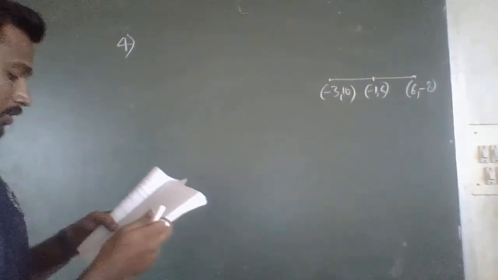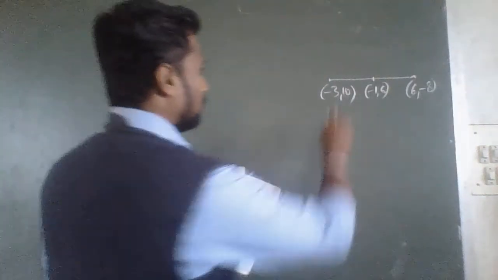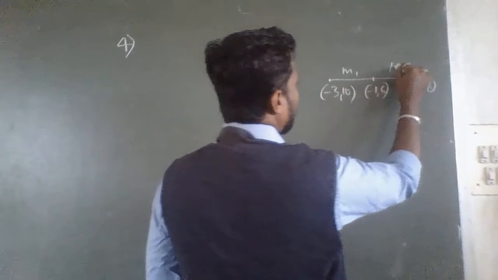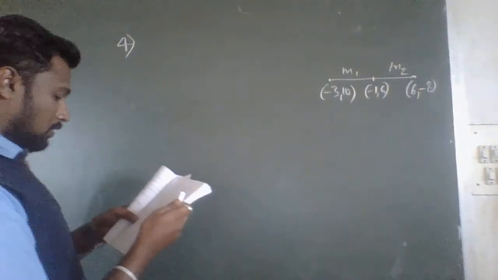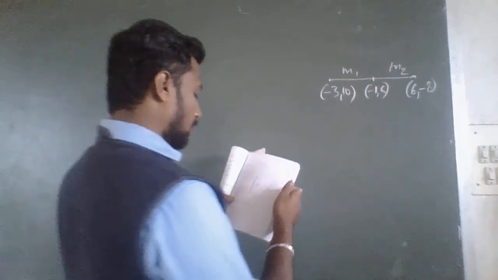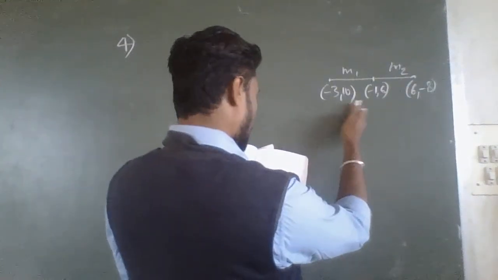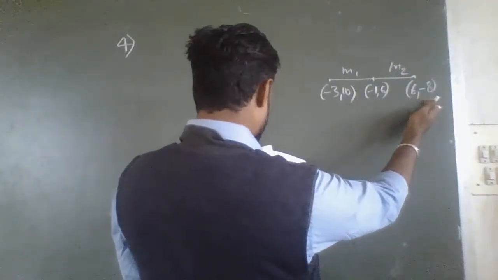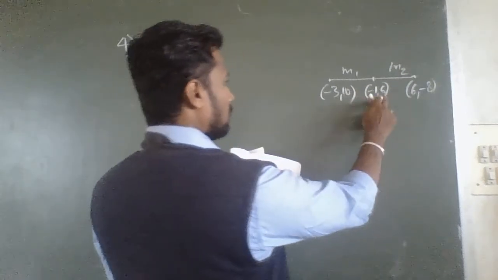So here we have to find out the ratio, means m1 and m2 values, in which the line segment joining the points minus 3, 10 and 6, minus 8 is divided by minus 1, 6.